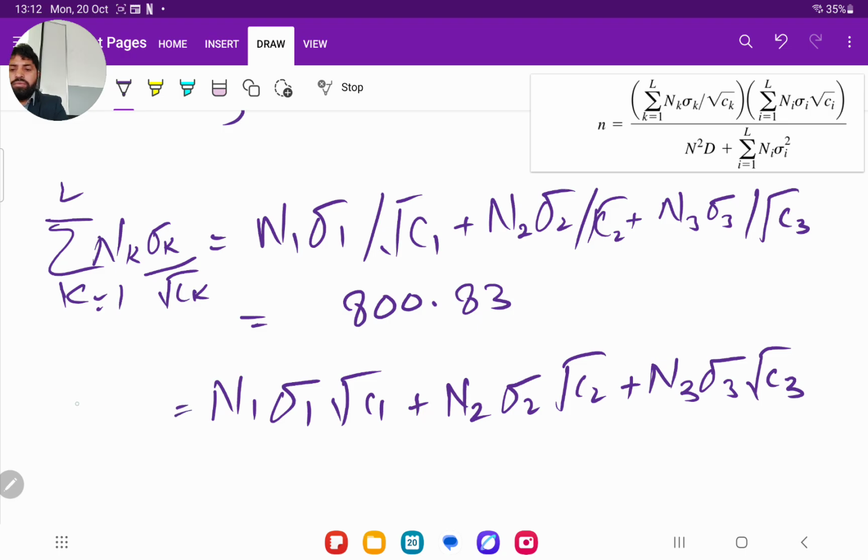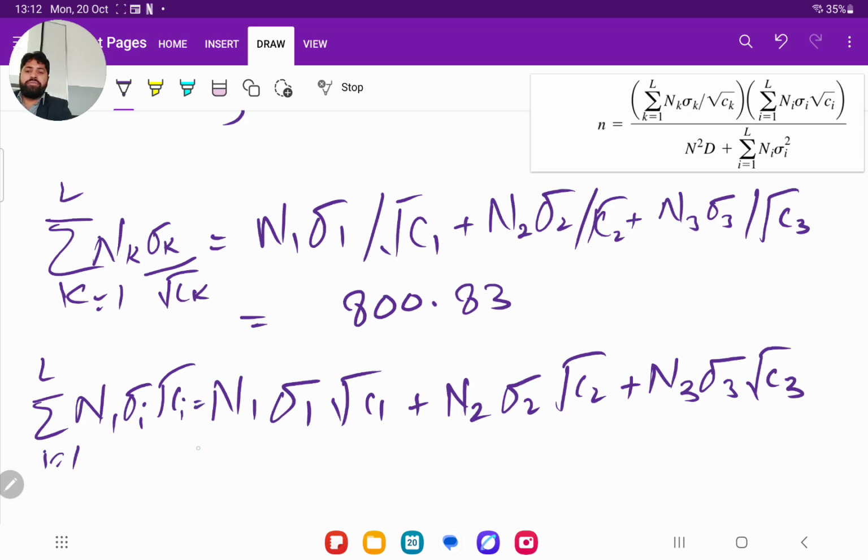So this is equal to the summation of i going from 1 up to L of Ni sigma i multiplied by square root of Ci.